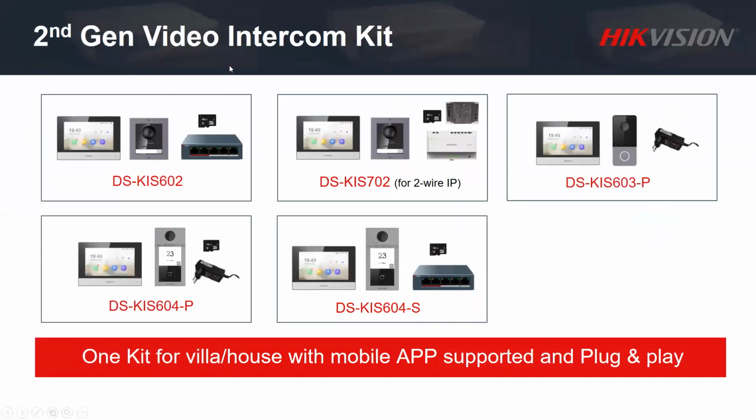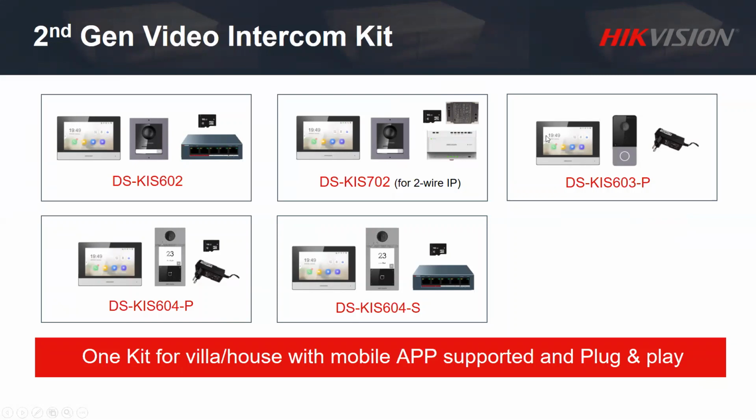Apart from the individual products, we also offer kits, and these are the kits that we already have in the market. The first one is the IP kit, just one-to-one, 1 button to call 1 indoor station. This is the 2-wire IP kit, also just 1-to-1.